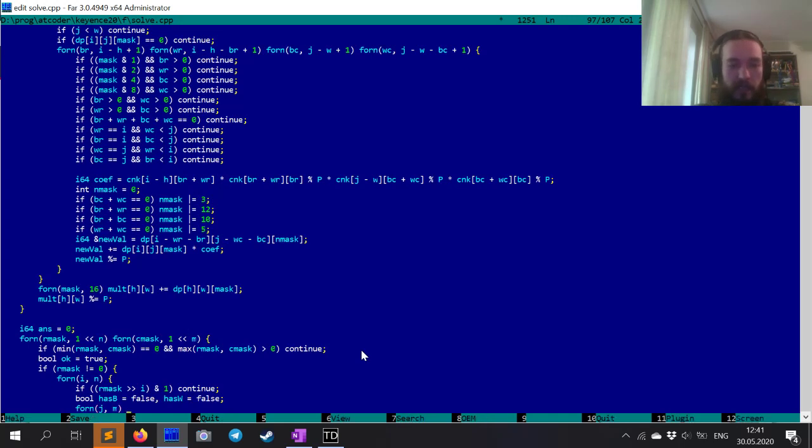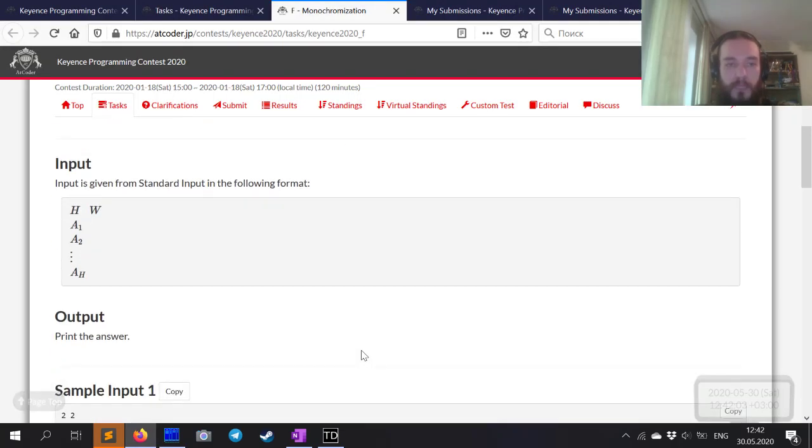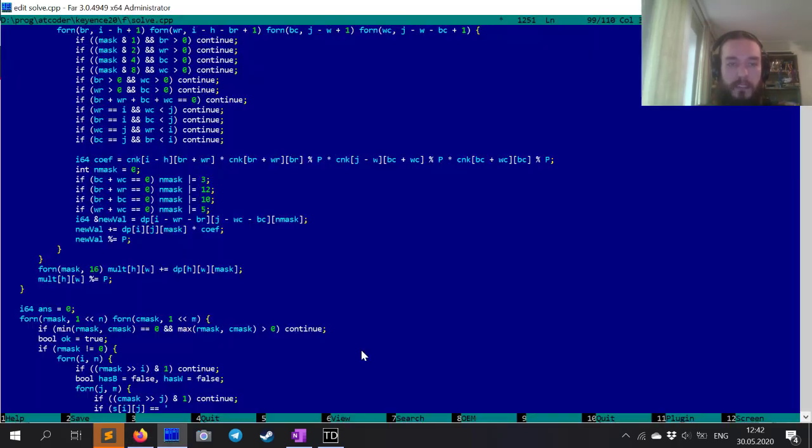Okay, so then we iterate over all cells in this row. If this is not in this set, we are not interested. Otherwise, if our cell here is this, then let's say that this is black, then we have black.